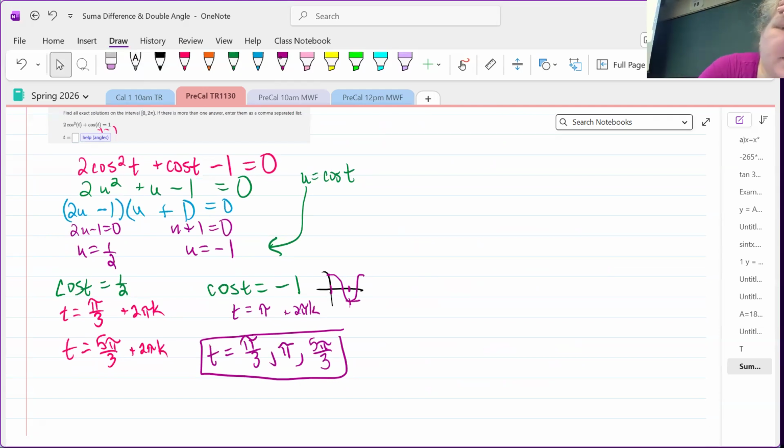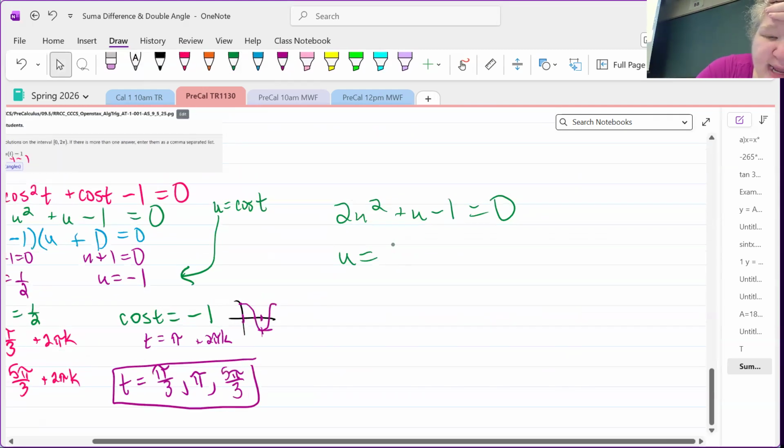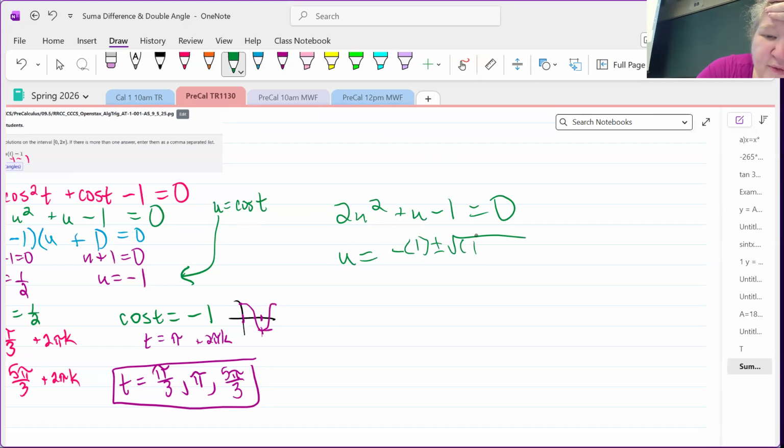Sure. So we take our 2u squared plus u minus 1 equals 0. So our quadratic formula is, do you want me to write the quadratic formula down? All right, so b is 1, so we have -1 plus or minus the square root of 1 squared minus 4 times 2 times -1, all over 2 times 2.